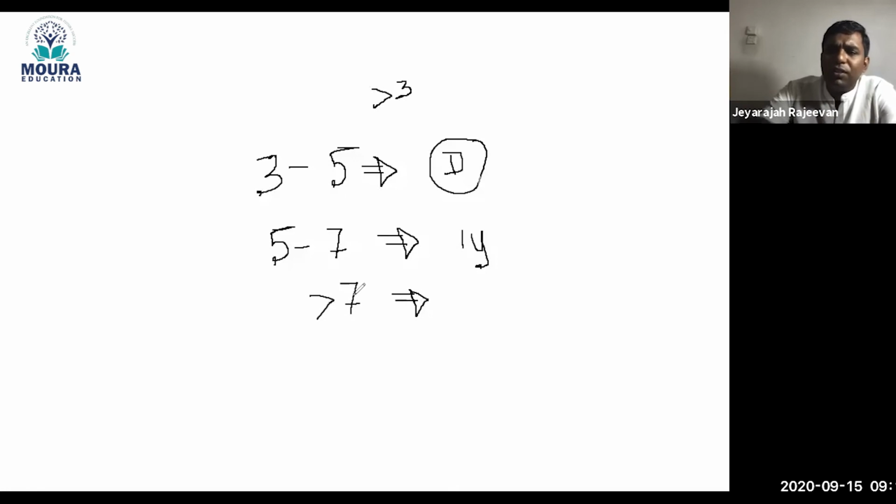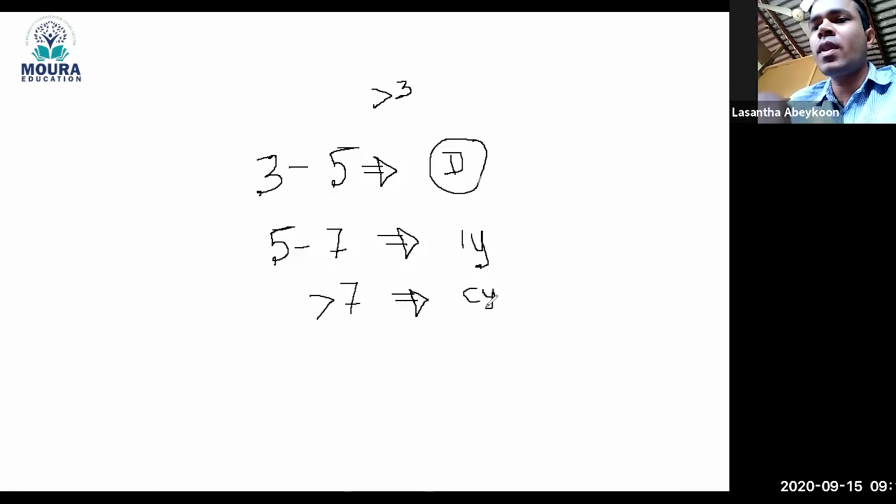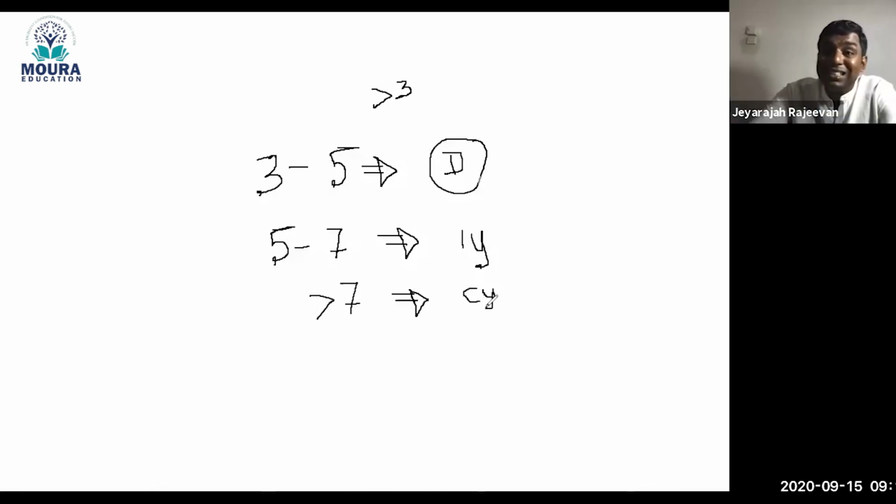Her ovary is functioning. So with a functioning ovary, is it okay to remove the ovary? No. So you have to do the removal of the cyst. That is called cystectomy. You have to do the cystectomy.